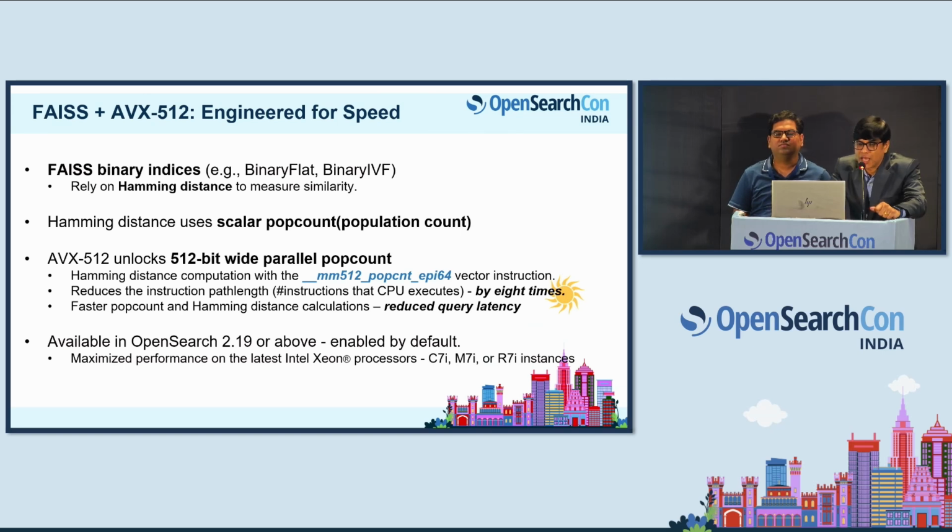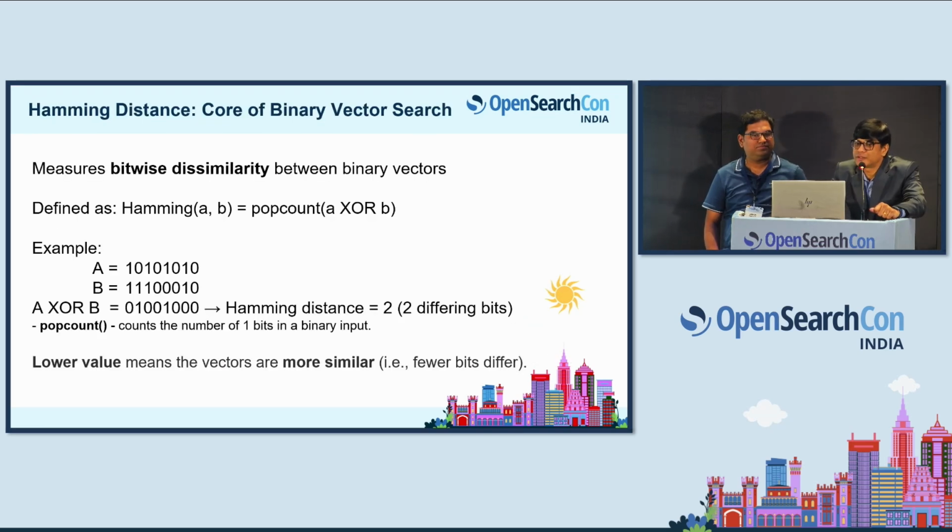How is Hamming distance calculated? It's a scalar pop count. I will quickly go through this slide first before coming back to the earlier one.